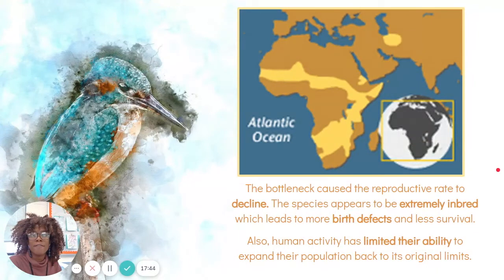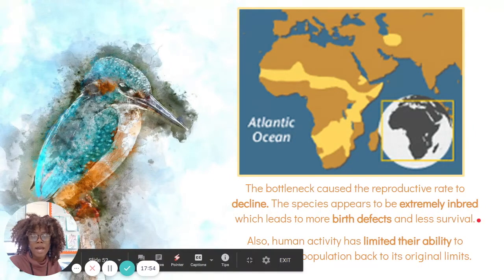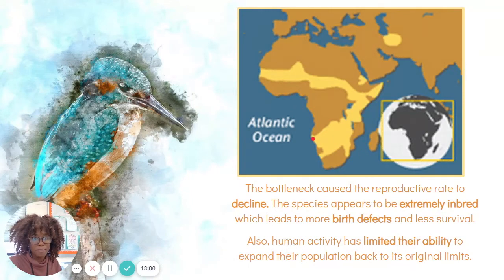So the bottleneck effect is going to cause the reproductive rate to decline. The species appears to be extremely inbred, which leads to more birth defects and less survival. Also, human activity. Humans are all up and through here, which limited their ability to expand their population back to their normal limits.